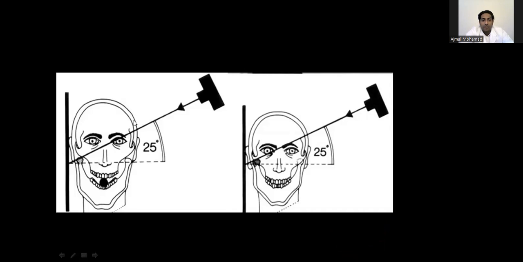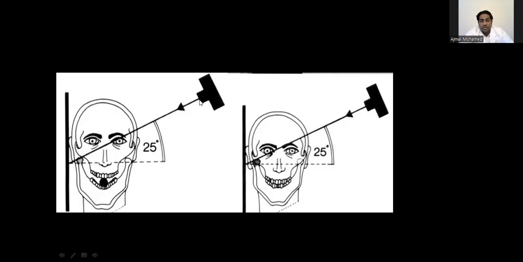You can find the patient standing or sitting in a normal upright position. The cassette is placed on one side, and to image the TMJ region, we keep the X-ray tube on the opposite side, at a vertical angulation of not more than 25 degrees and a horizontal angulation of not more than 10 degrees.